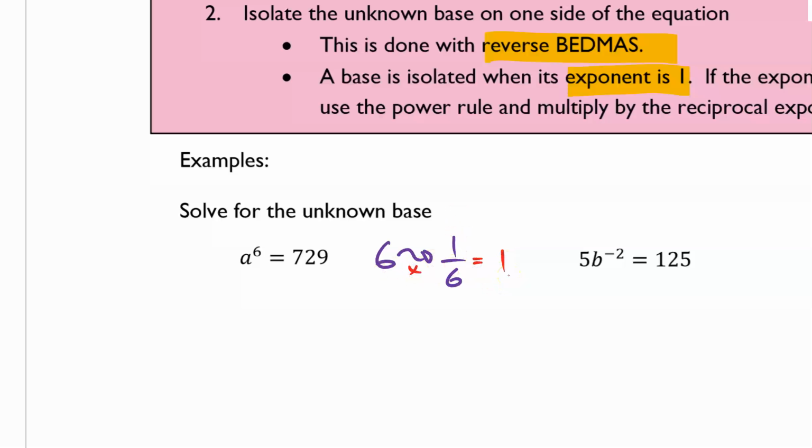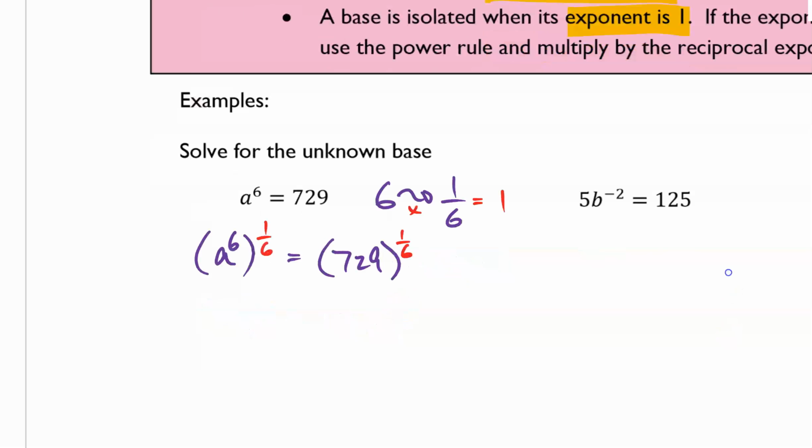A reciprocal is what you need to multiply something by to get the answer positive 1. So in this case, I'm going to multiply both sides by 1 over 6. I'm going to come in with 1 over 6 is equal to 729, and this is my communication here. I'm going to multiply both sides. I'm going to raise both sides to the exponent 1 over 6.